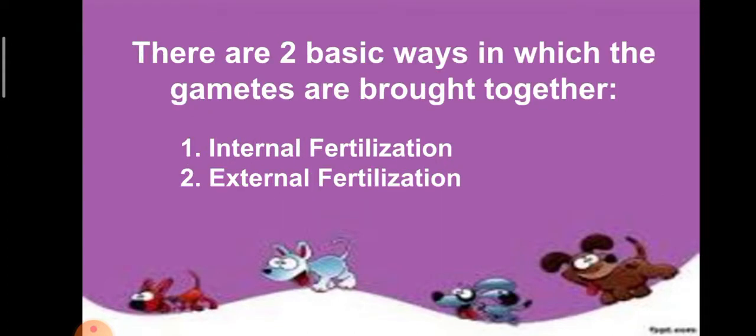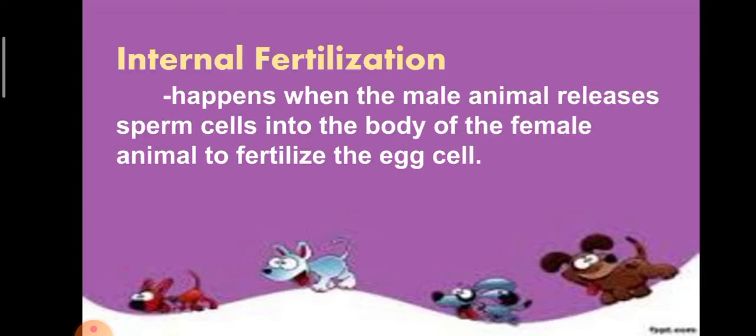There are two basic ways in which the gametes are brought together. Sa animals, dalawa ang paraan para magkaroon ng fertilization. Una, yung internal fertilization, and then the second one is the external fertilization. Pag sinabi nating internal fertilization, it happens when the male animal releases sperm cells into the body of the female animal to fertilize the egg cell.